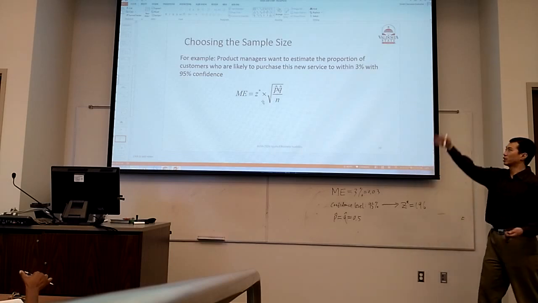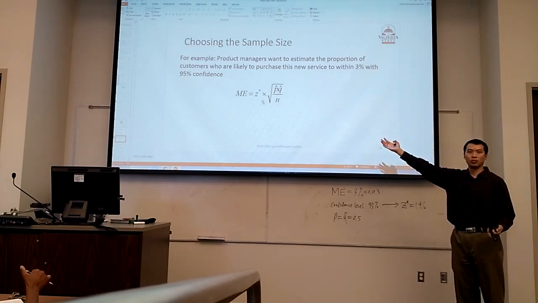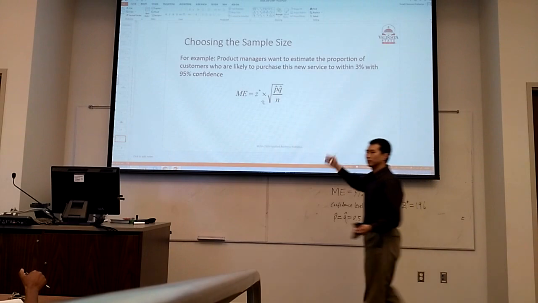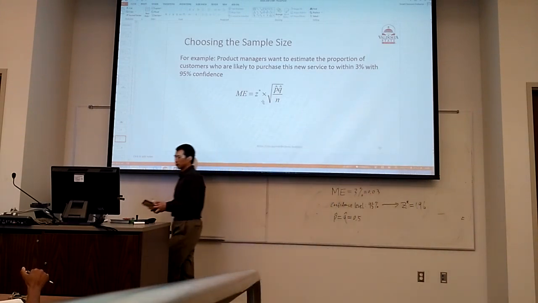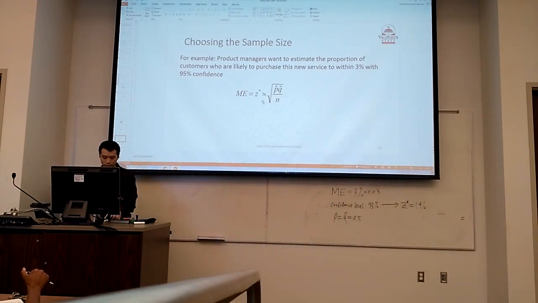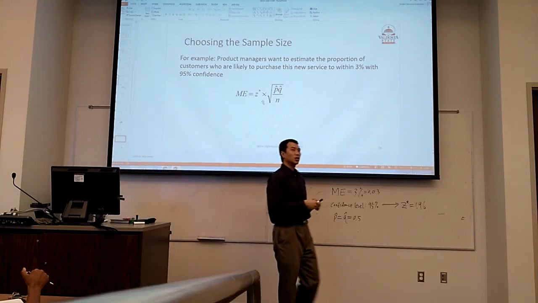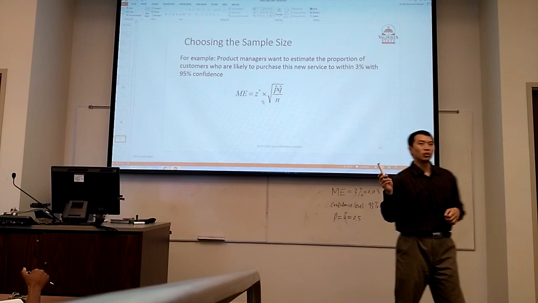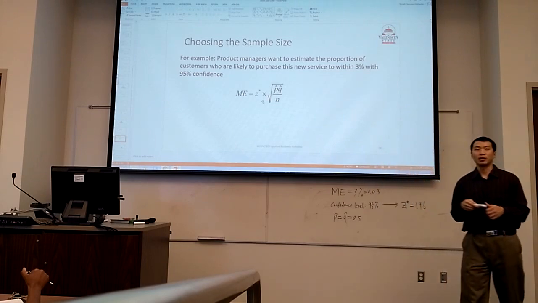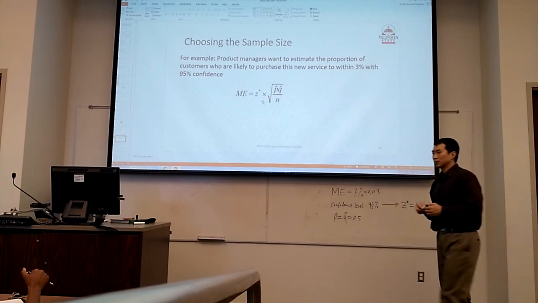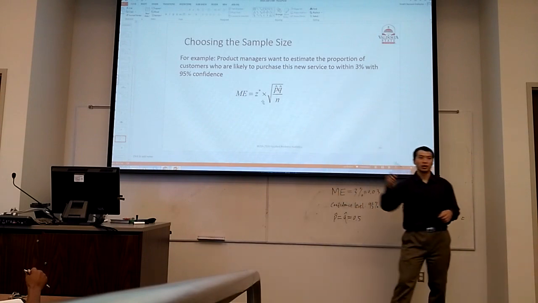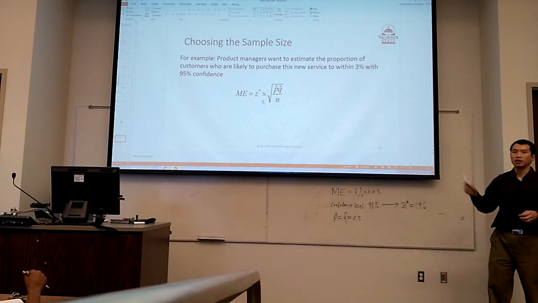Then we plug the numbers in there, and then we can find the value. So this is another type of question we may have, where we want to find the sample size. Any questions on this type of problem?